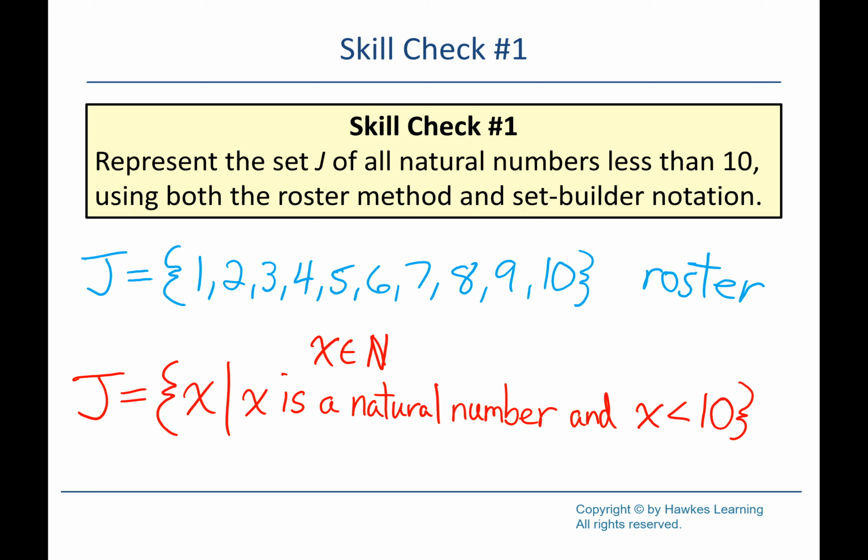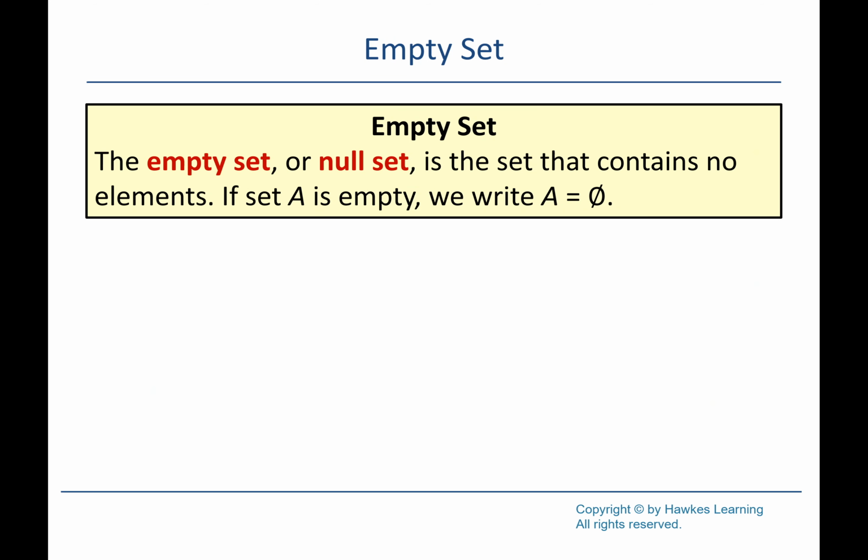Okay, so we've got 2 special sets we need to talk about. So the first one is called the empty set, or the null set. You can call it the null set. And the empty set is what it sounds like. It's the set that has no elements. It's empty.